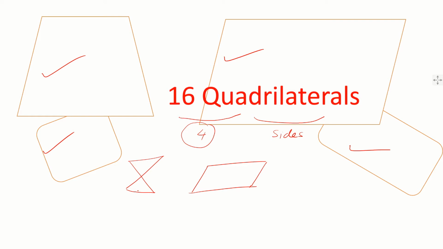The reason is that according to the concept in mathematics, the quadrilateral should be, first condition, a 4-sided closed figure. When you say closed figure, it means that it is closed, having a boundary like this.